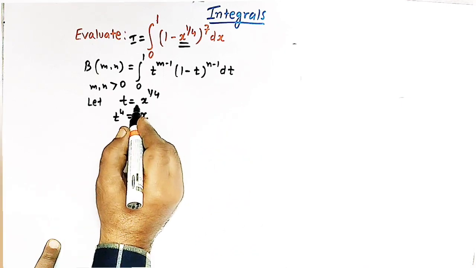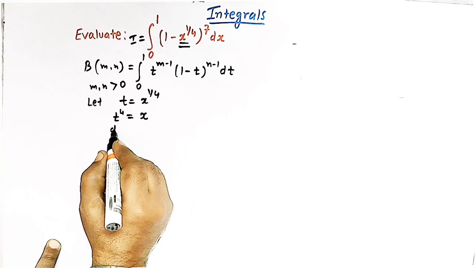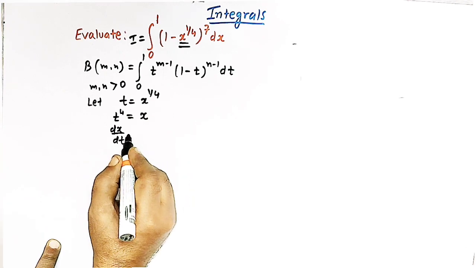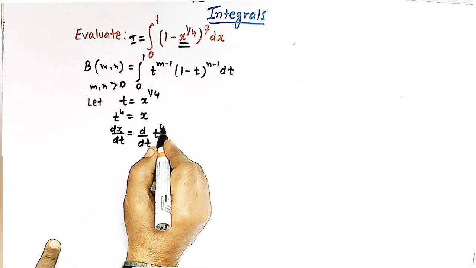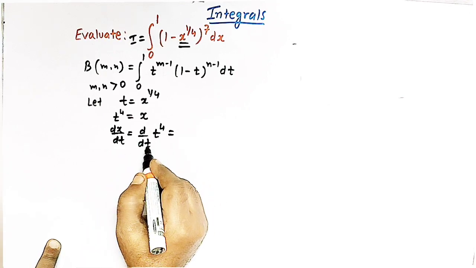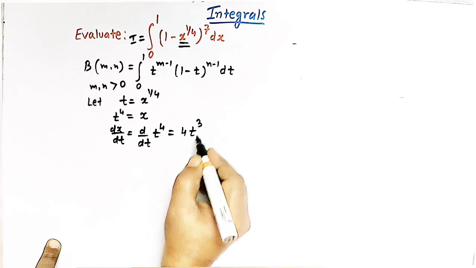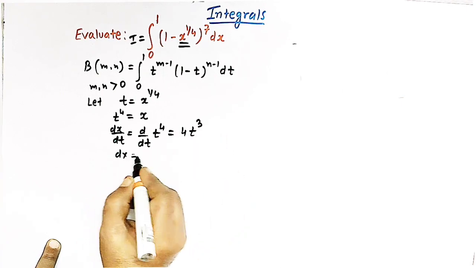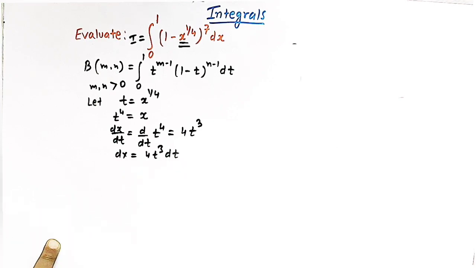Now if we differentiate both sides with respect to t, then dx/dt is d/dt of t^4, and the derivative of t^4 with respect to t is 4t^3, so dx is equal to 4t^3 dt.